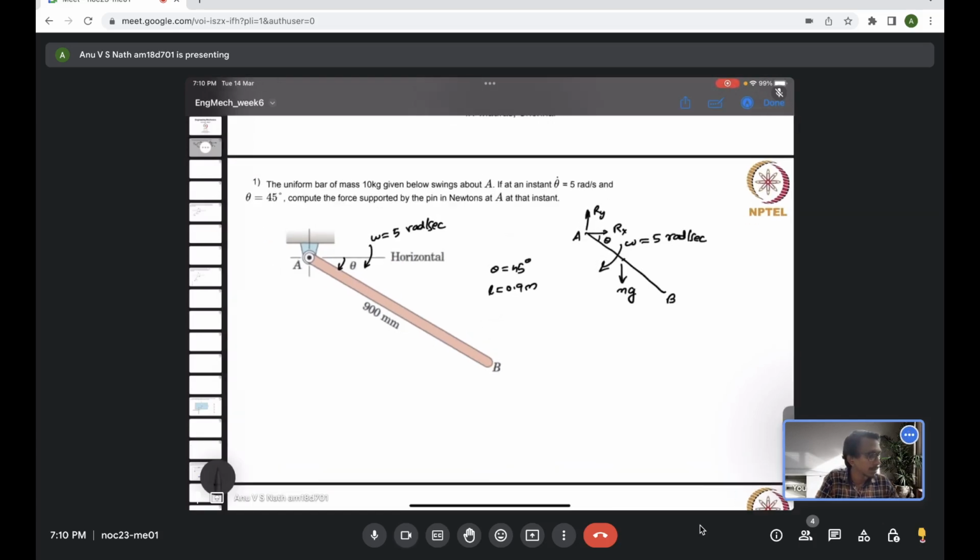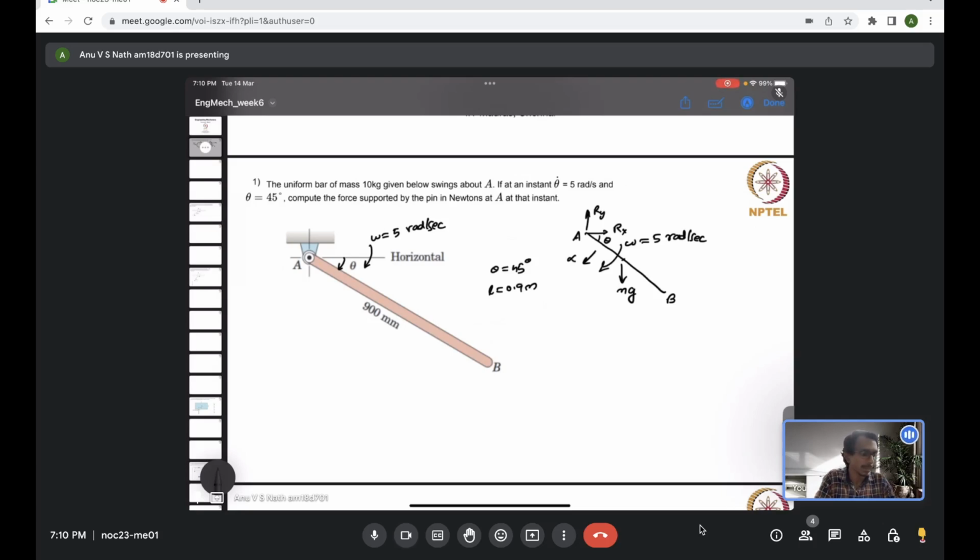One thing to remember is that when we release this, it will not just move with an angular velocity, it will have an acceleration as well. So the angular acceleration, which is not given, take it to be alpha radian per second squared. We need to evaluate that.